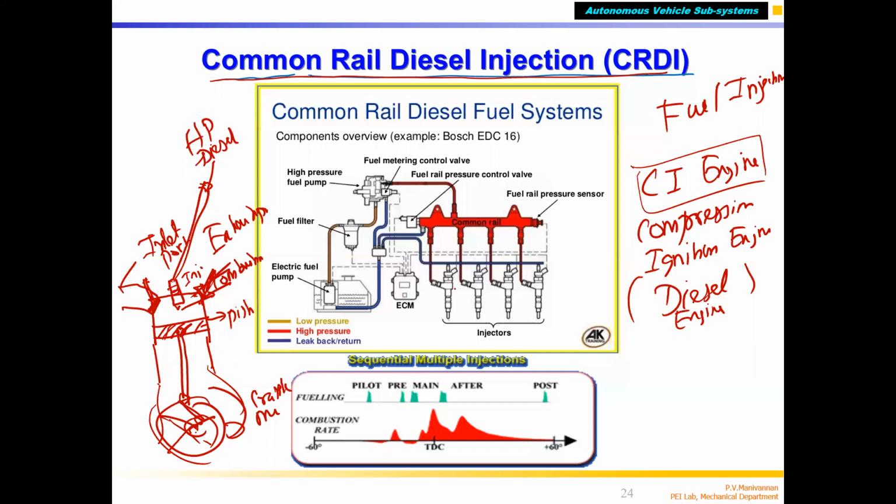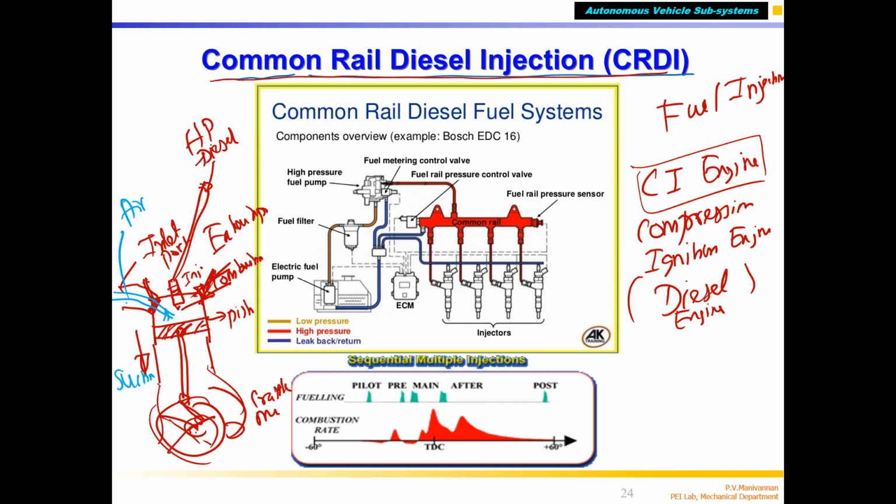So here what happens is, during the suction stroke, the piston is going down and the air will be sucked in. This is air. Please note that the fuel is not mixed when air is sucked in. That is the difference. In a petrol engine, while air is sucked in, fuel is injected at the inlet port, so the petrol evaporates and mixes during the suction stroke itself.